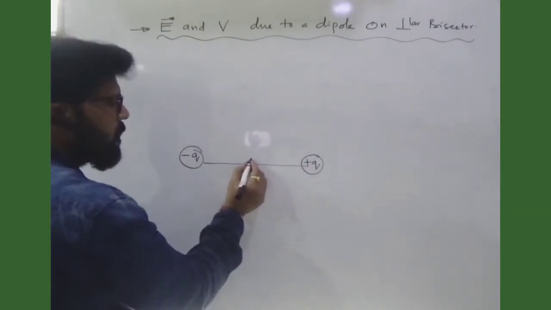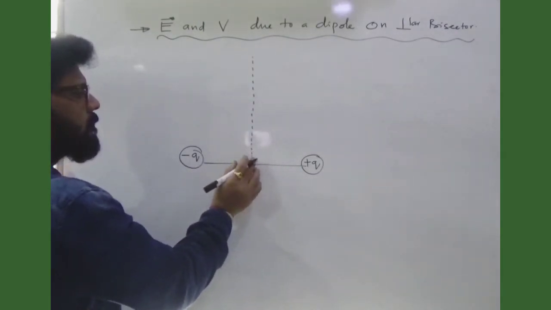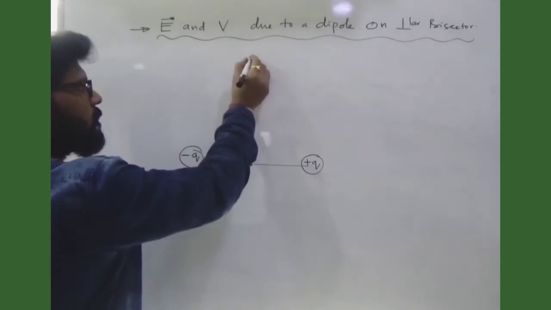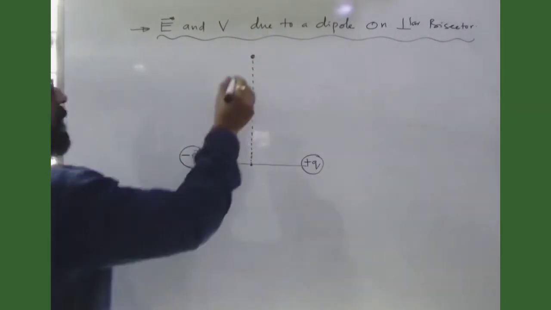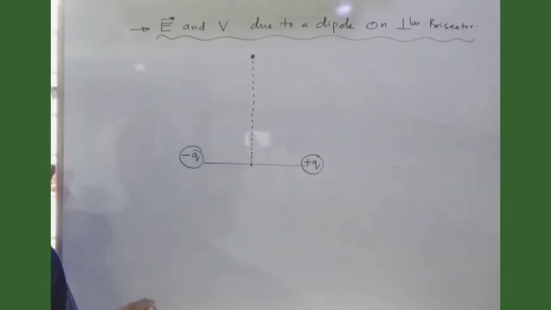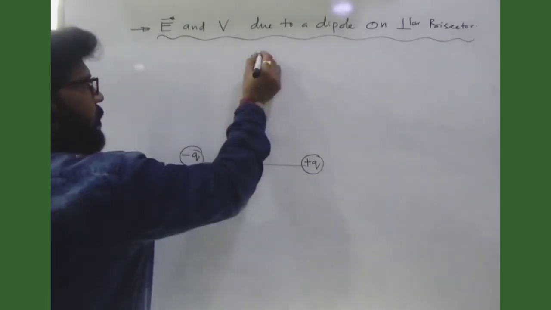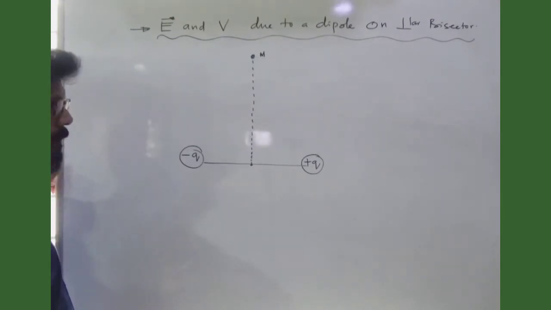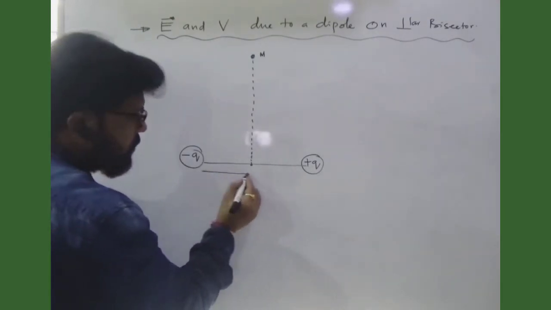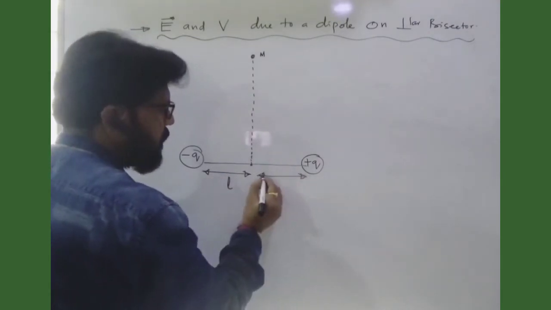This is called the perpendicular bisector, also called the equatorial line. At this particular point P we have to calculate. Let me take this distance as L, and this is also L.